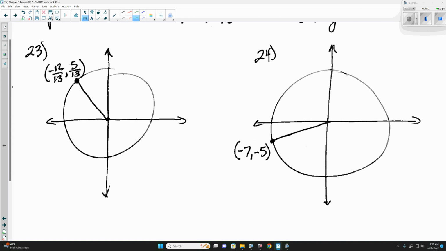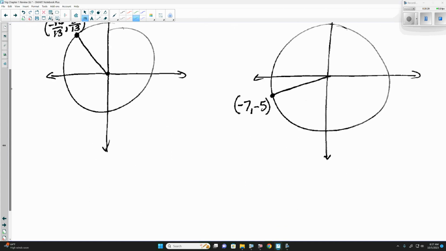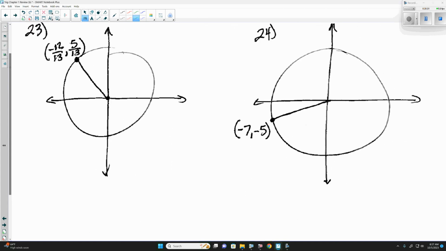All right. 23, 24. Now, 23, because how many of them do we have? 23, 24. I'll look at 24. 23 is a little tricky.